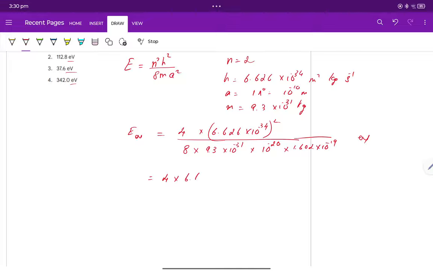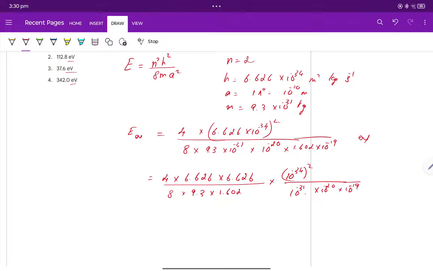So 4 into 6.626 into 6.626 divided by 8 into 9.3 into 1.602. Here it will be 10 to the power of minus 34 square divided by 10 to the power of minus 31 into 10 to the power of minus 20 into 10 to the power of minus 19.